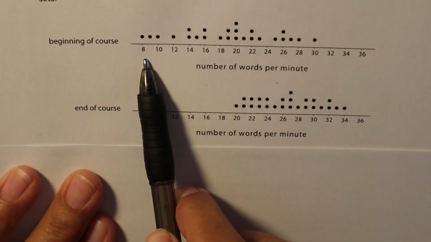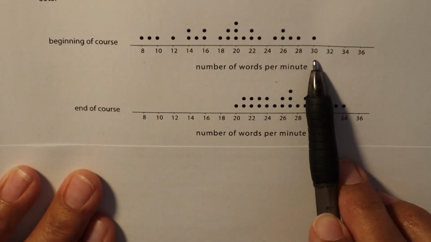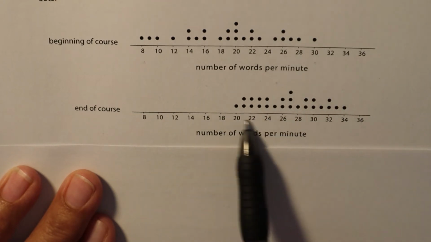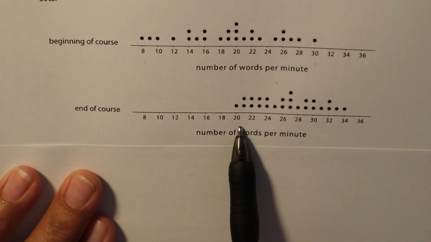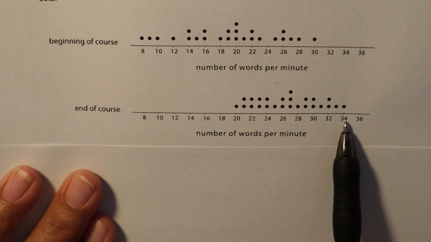So it looks like the slowest typer could type 8 words per minute, and the fastest typer could type 30 words per minute. Then when the course was over, she had them take an end of the course typing test, and look how much the dot plots changed. Now, the slowest typer could type 20 words per minute, and the greatest typer could type 34 words per minute.